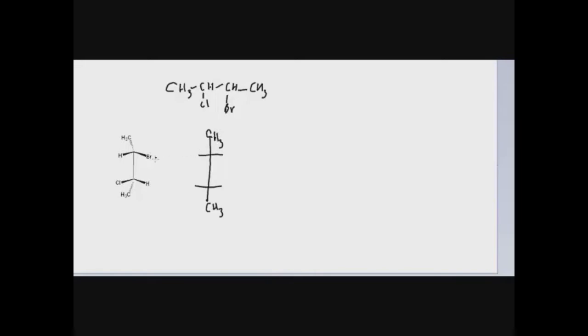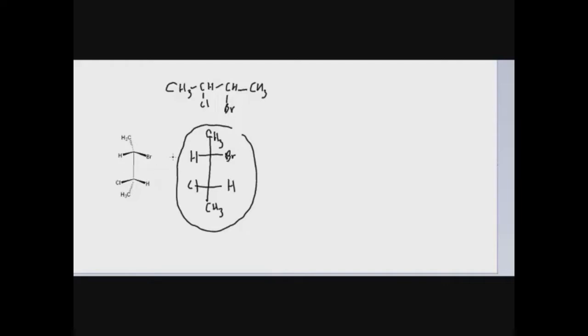All right, now in our original drawing we have bromine on the right, hydrogen on the left, and we'll accordingly write Br on the right, H on the left. For this chirality center, we have chlorine on the left and a hydrogen on the right. All right, this is the Fischer projection formula for our starting molecule, one of the possible stereoisomers.